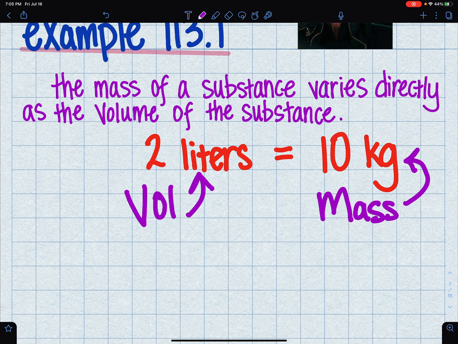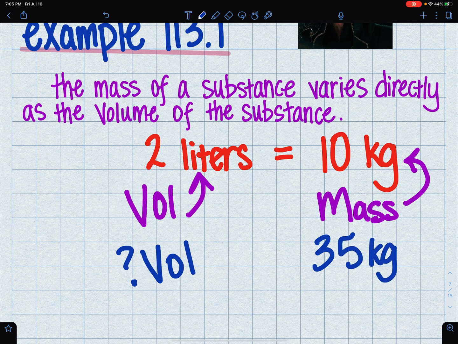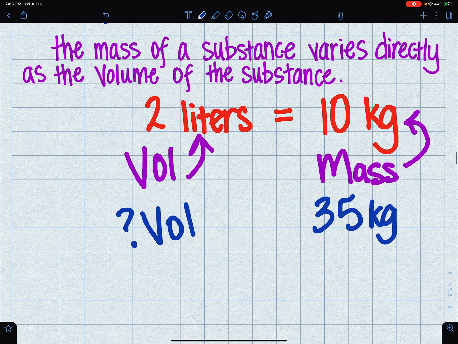So now they're saying, what's going to be the volume if the mass is 35 kilos? Okay, step 1. What's the step we always do first? We recognize that this is a varies directly problem, or it's proportional to.